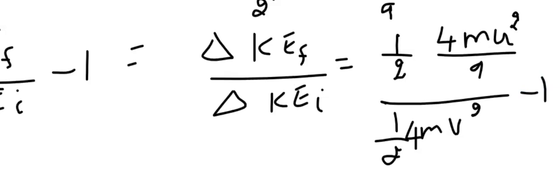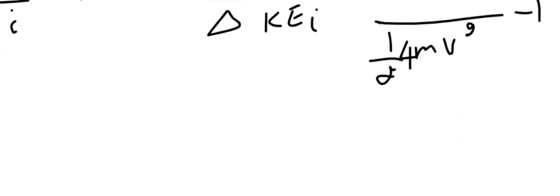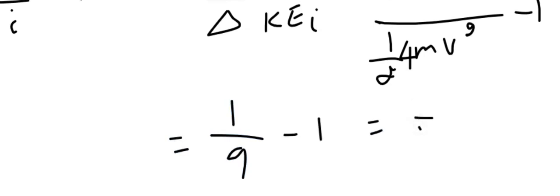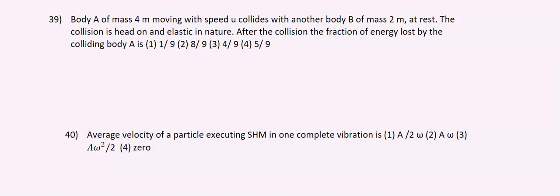On simplifying that, you get 1 by 9 minus 1, which is equal to minus 8 by 9. Let's see which option is correct. Minus 8 by 9, you can take it as the absolute value, 8 by 9. So option 2 is correct.